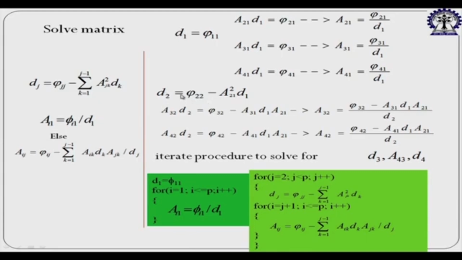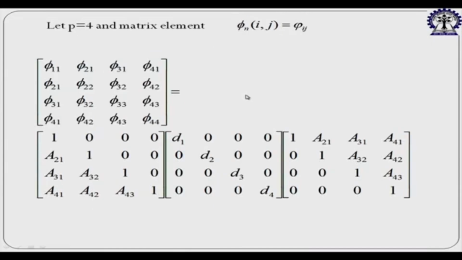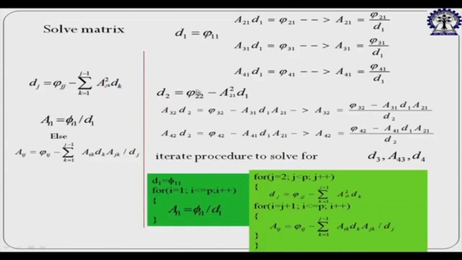Now, if I solve for D 2, it will come phi 2 2 minus A 2 1 square into D 1. There was some typing mistake, all of these are phi. So, I can generalize the D equation and the A equation and write a program to find the D and A values.